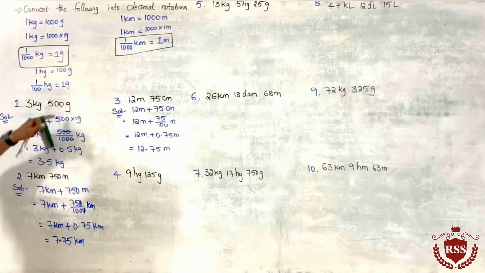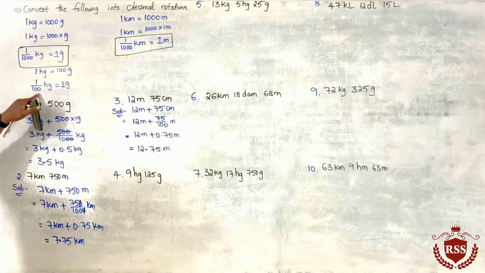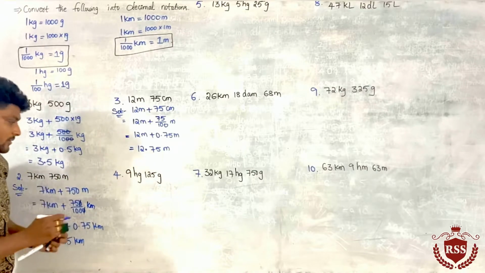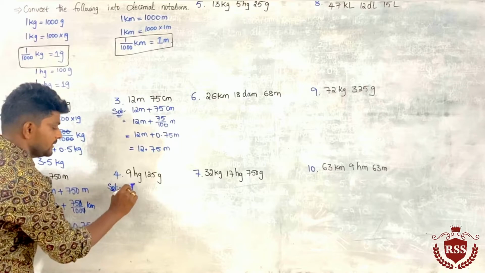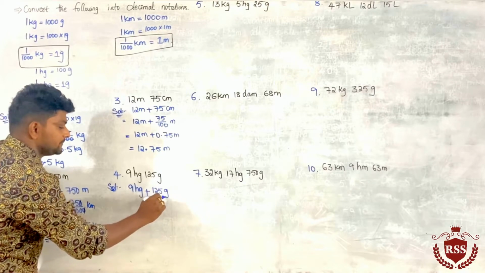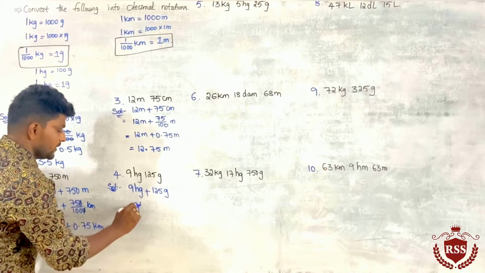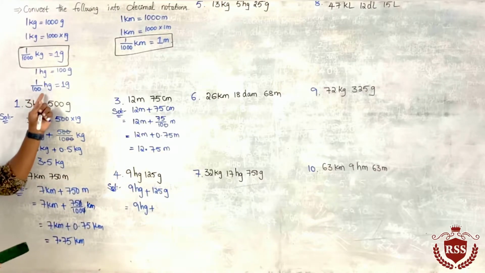So simply we have to divide by the value here. That's simple. Okay, look at this. I am writing 9 hectograms plus 125 grams.